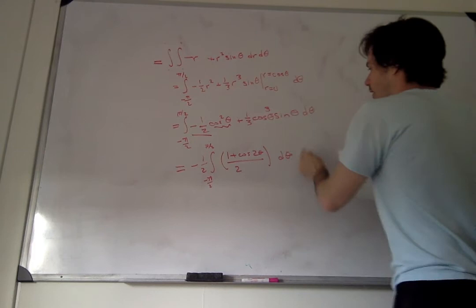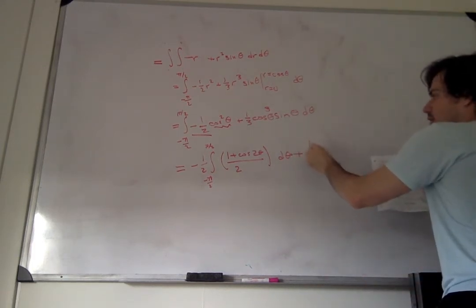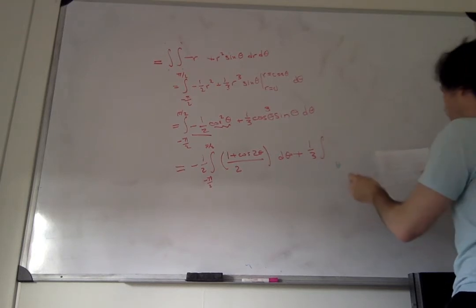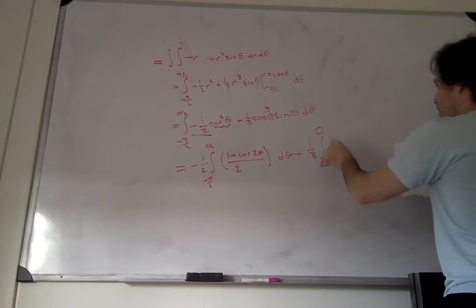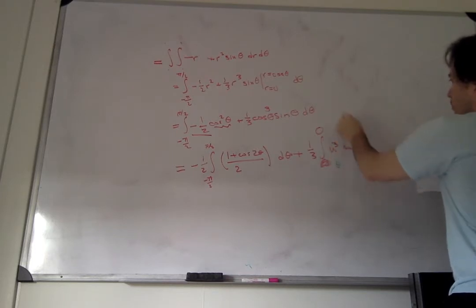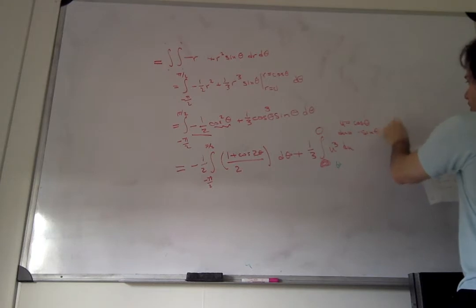Okay, what about this guy? Well, this is going to be 1/3, and you're going to integrate from 0 to 0. And you have u cubed du, because u is equal to cosine theta, so du is minus sine theta d theta.